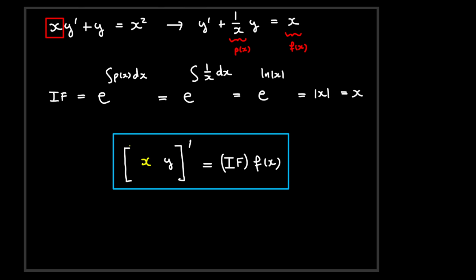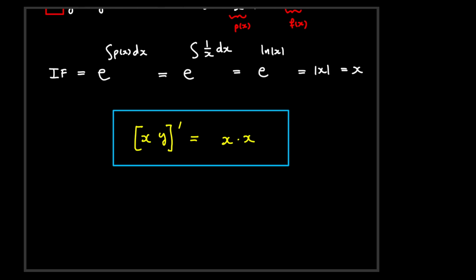So x times y, the derivative of this, is equal to the integrating factor, which we've just calculated to be x, times f of x, which, as we've just seen up here, is just equal to x. So we can write here x.